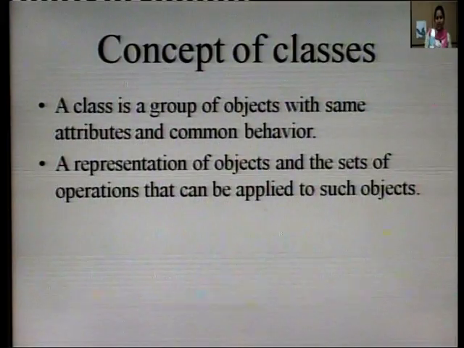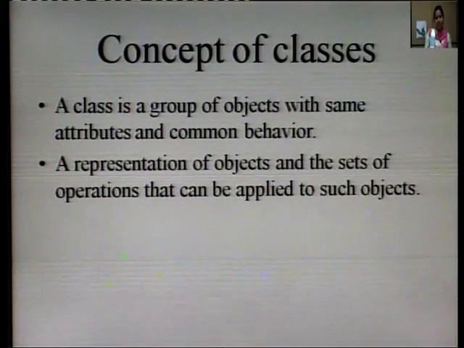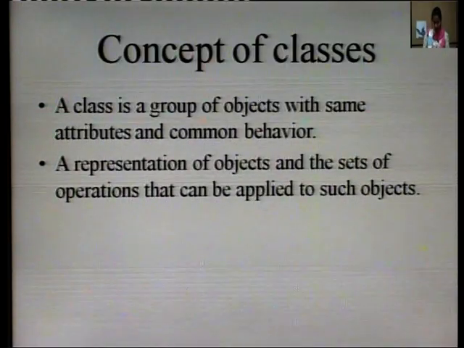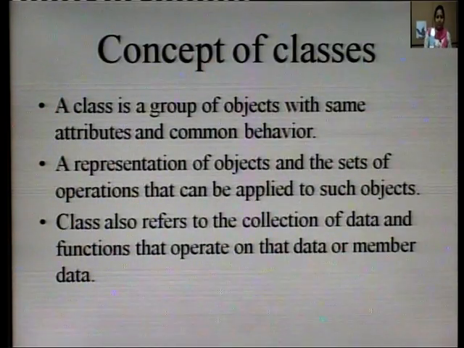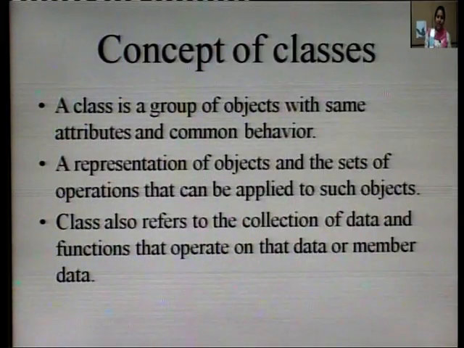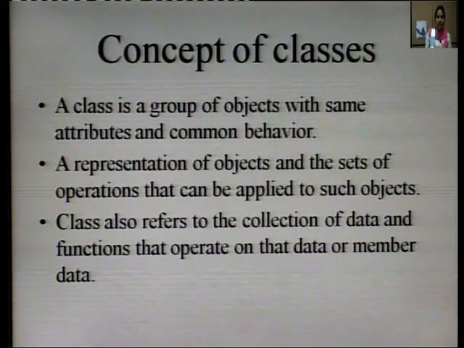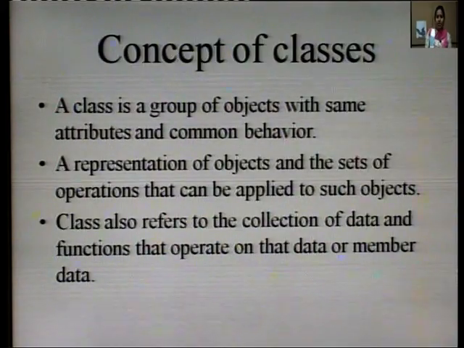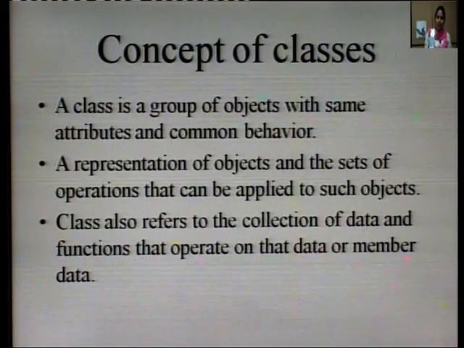So we can define attributes. After defining the attributes, we can apply the operations which are performed with the help of attributes. In other terms, we can also define a class as a collection of data and functions that operate on that data, or member data. So class is a concept where we can combine the data and functions together.